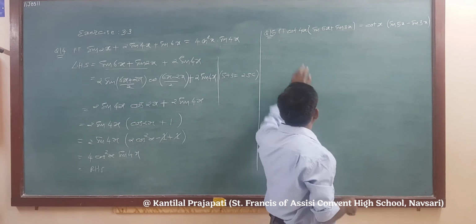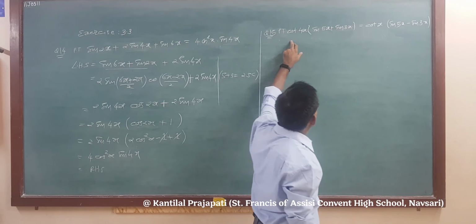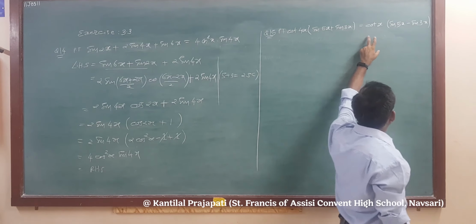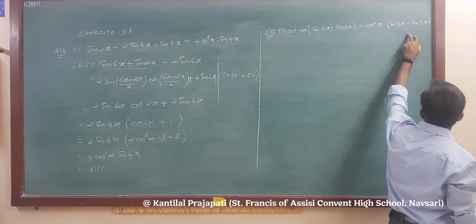So see here, we have to prove cot 4x into bracket sin 5x plus sin 3x is equal to cot x into bracket sin 5x minus sin 3x.